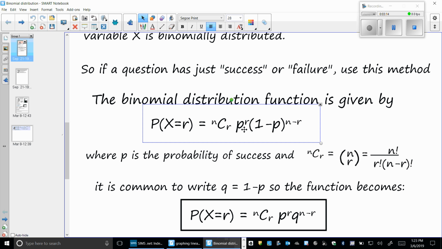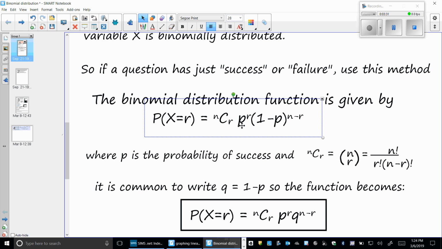Well, what's 1 minus P going to be then? Because probability is out of 1, right? Yes. And that would be the probability of not being successful, yes? Are we all following that? So that's why it's P and 1 minus P. So this is to the power r, and this is to the power n minus r. Lovely jubbly.